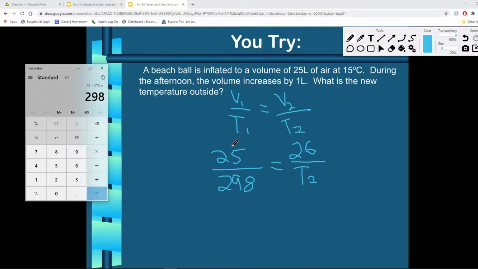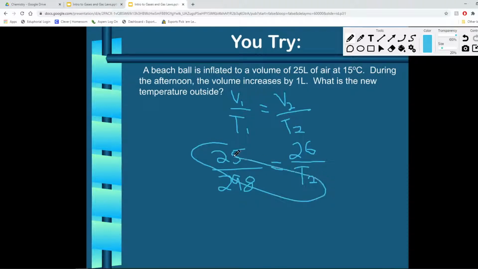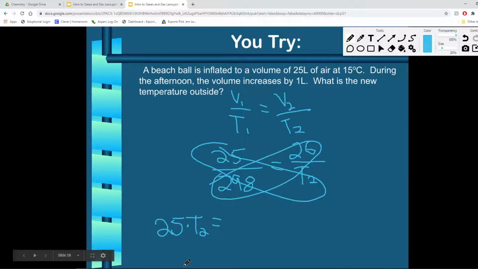All right, so to solve this, we're just going to do cross multiplication again. We've got 25 times T2 is equal to 298 times 26.